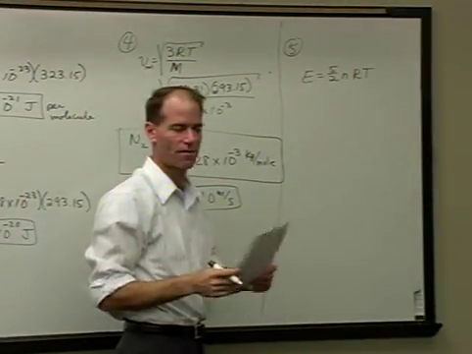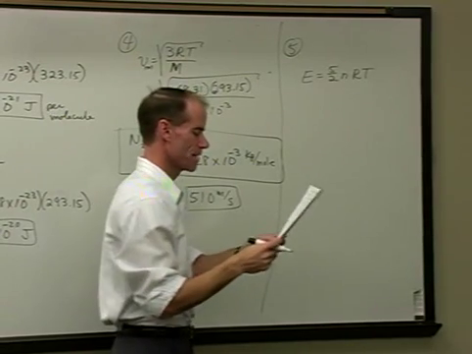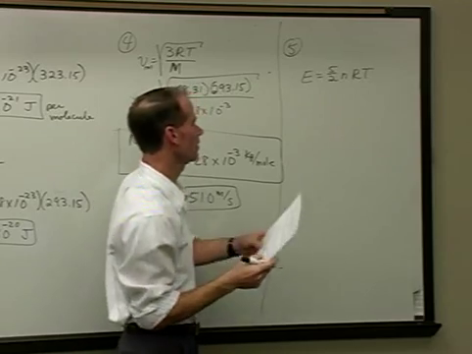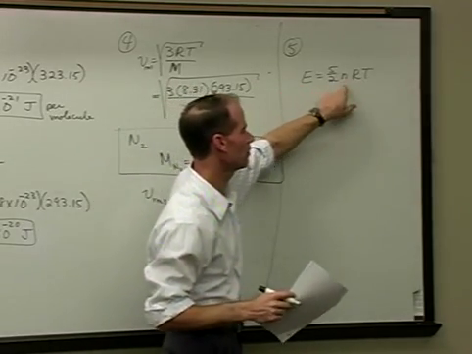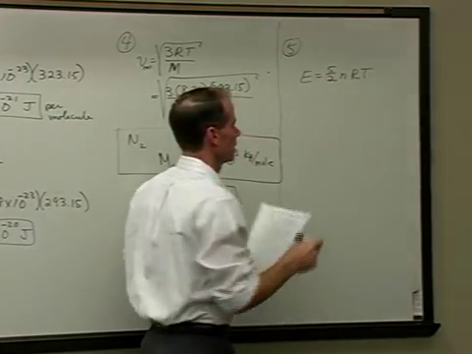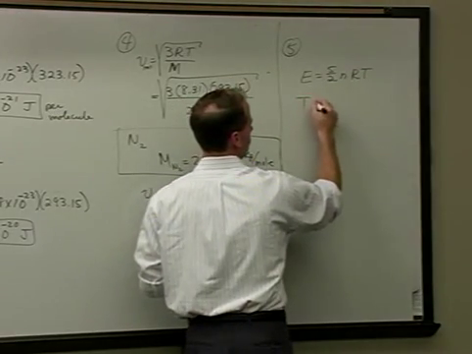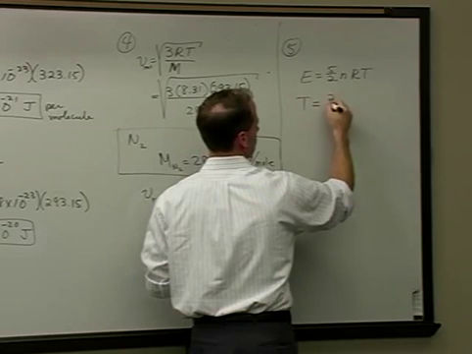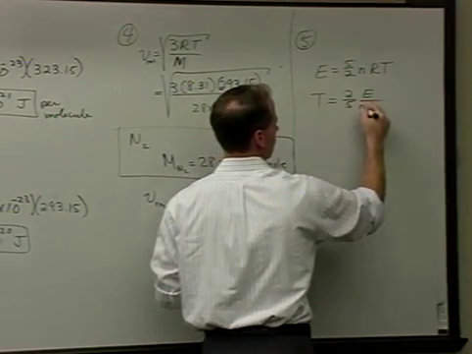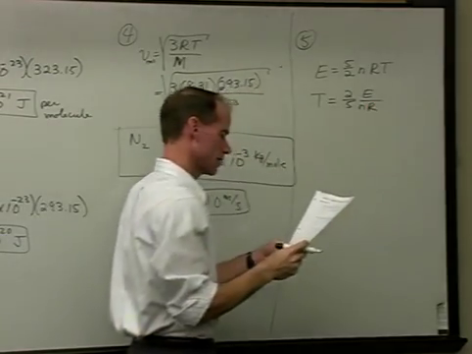So our fraction is 5/2 instead of 3/2. And we have 3 moles, and we're given the total energy. So we know the energy, we know the number of moles, we know R's constant, so we'll solve this for temperature. So temperature will equal 2/5 times the energy divided by the number of moles times the R constant.